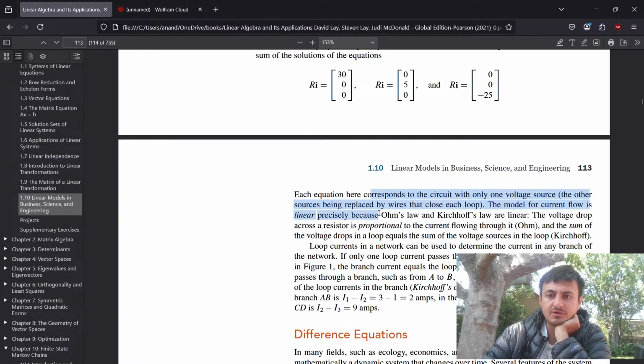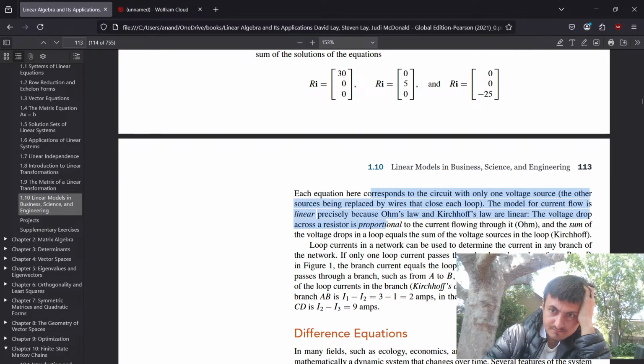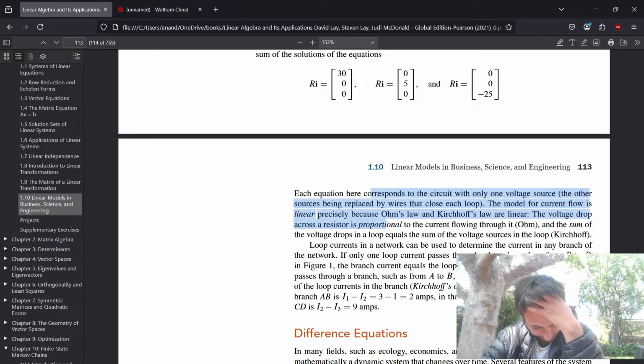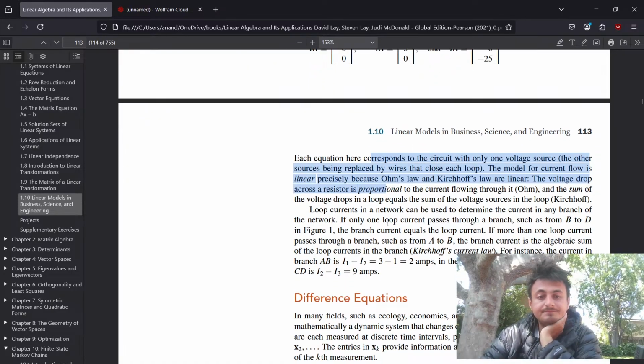Each equation here corresponds to the circuit with only one voltage source. Yeah.